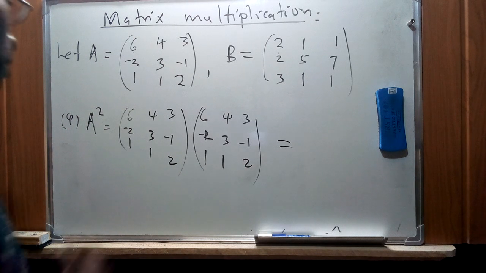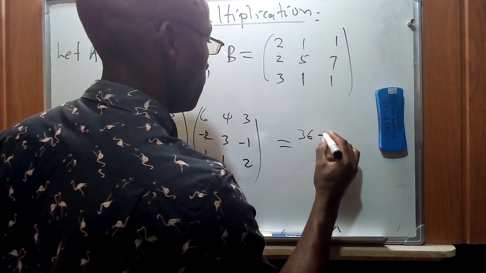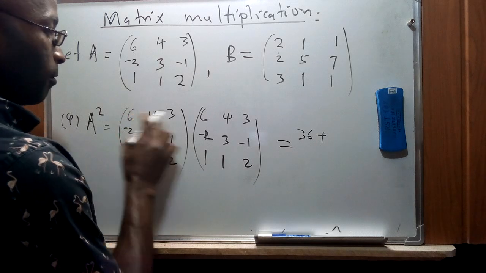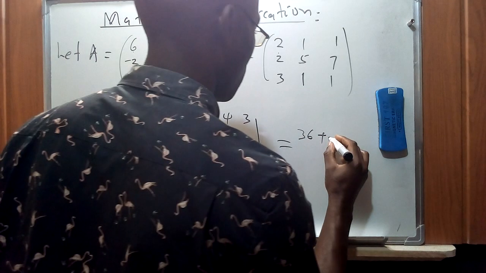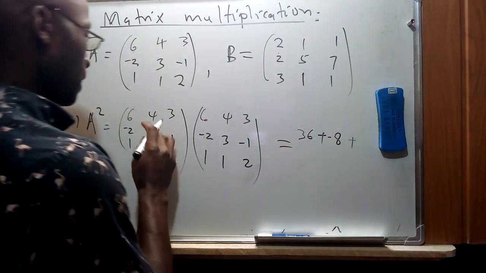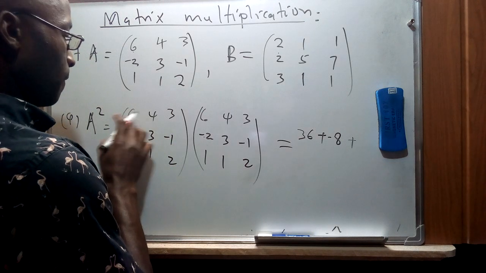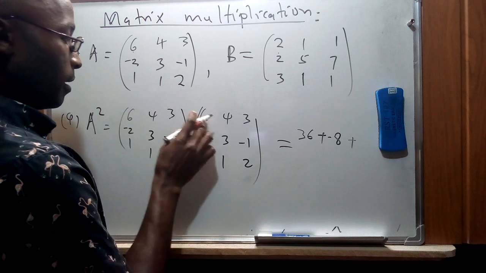So this one is going to be 36 plus, this is 4 times -2, this is going to be 8, so 36 plus minus 8, and then plus, this is 3 times... So you multiply the ith row times the jth column.